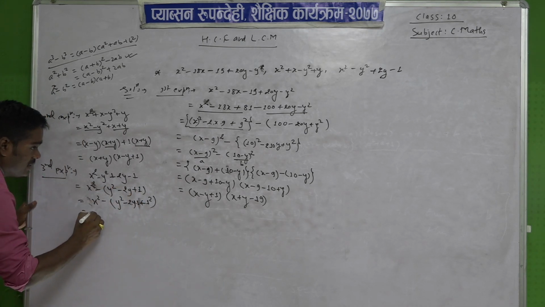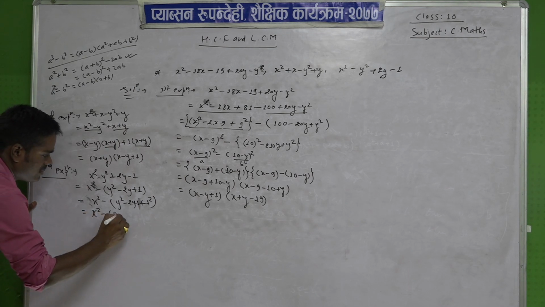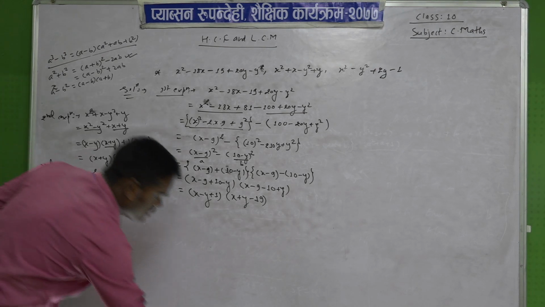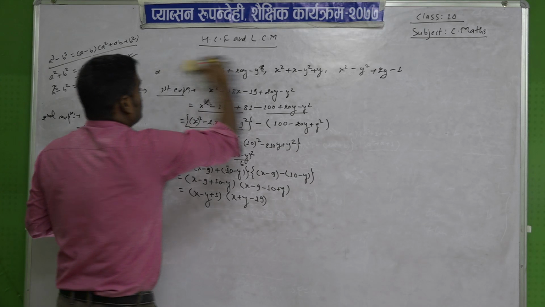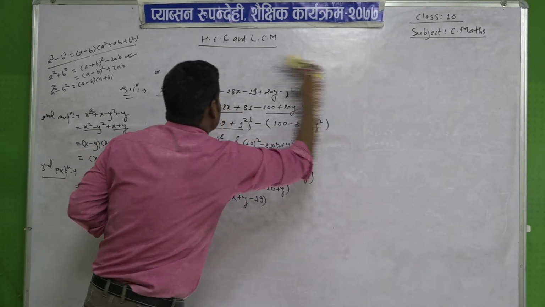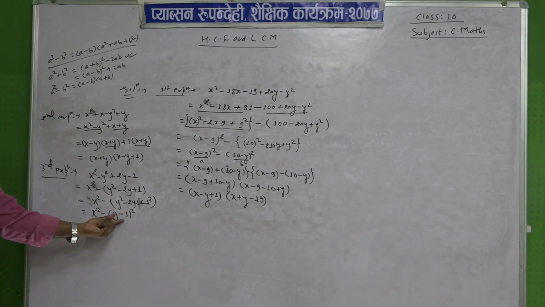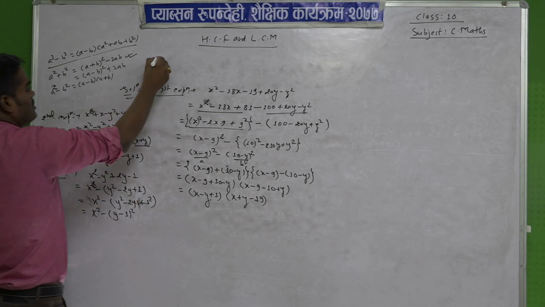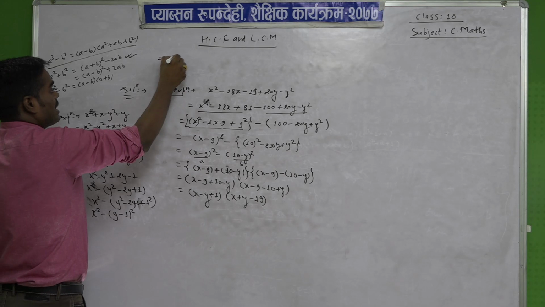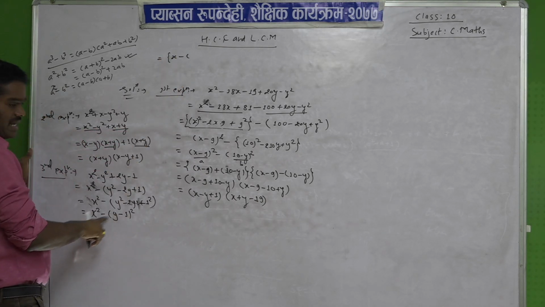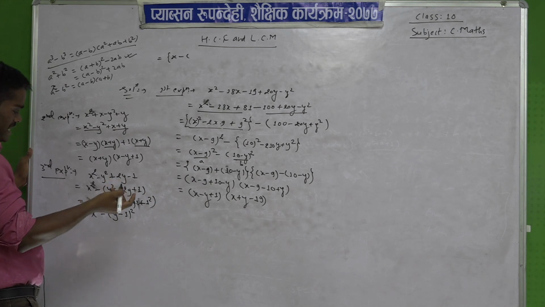So we can write here x square, and this will be x minus 1 whole square. Then see here, use the formula a square minus b square. A square minus b square means a, and after the minus sign, two terms are there, so keep them inside the bracket.